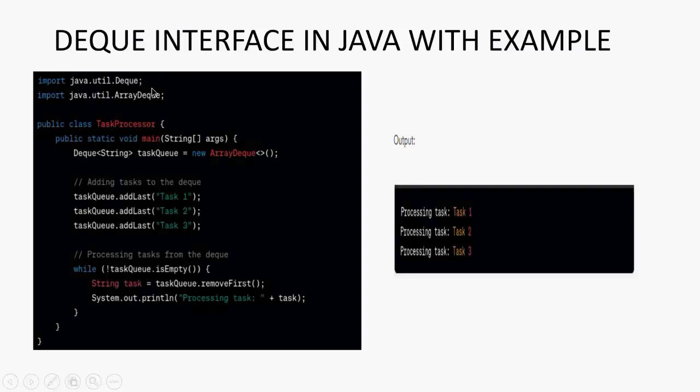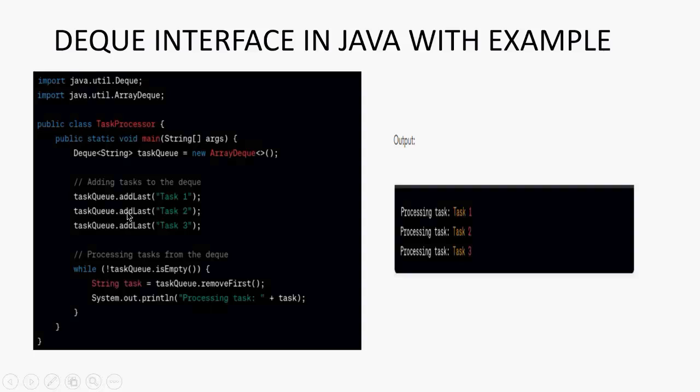Similarly, if we are using the Deque concept, we will be importing the package java.util.Deque. Since we are using ArrayDeque, we have imported that package too. And now this is the declaration of the Deque interface, which we already saw in the definition part: Deque, then the type of the element, then the interface name, and we have implemented it as an ArrayDeque.